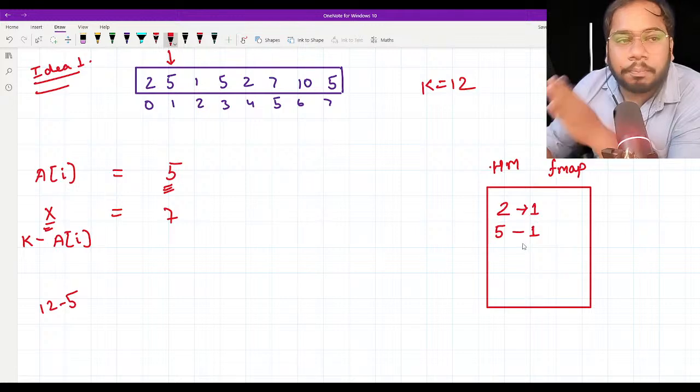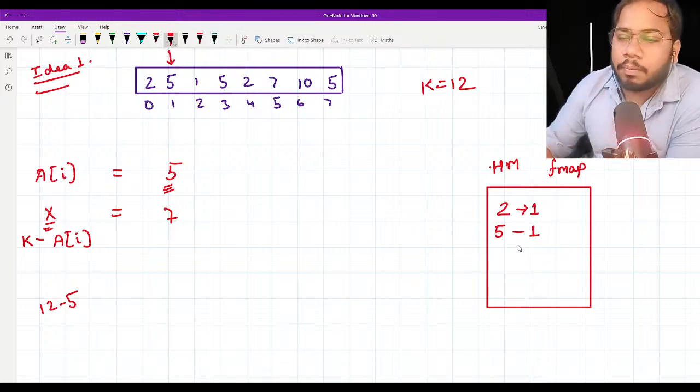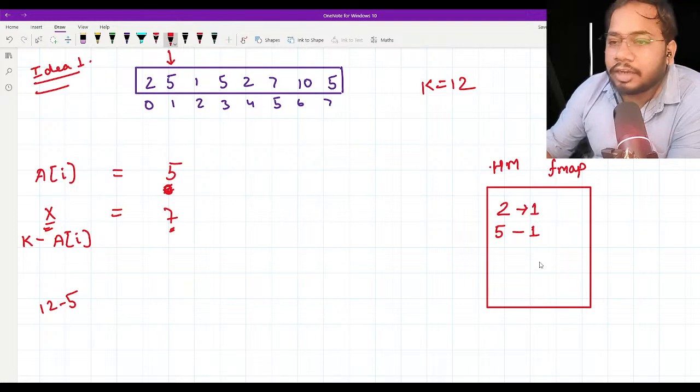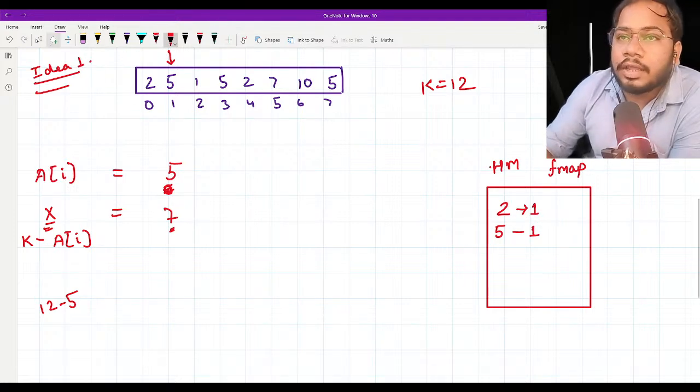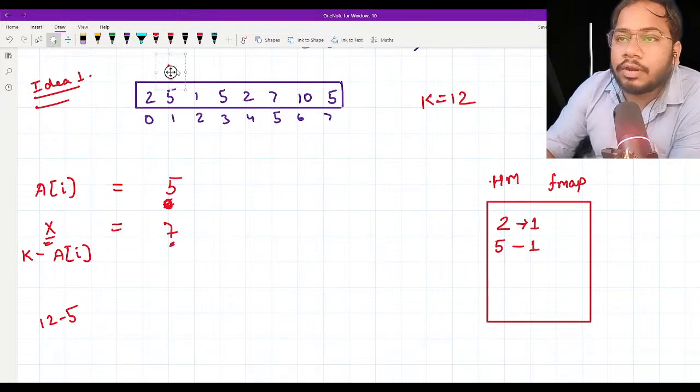We did this in the previous session as well, so I think you will understand it. If it is not present in the frequency map, we put this value in the hash map. Done. We will increment the counter, so the counter will go here.